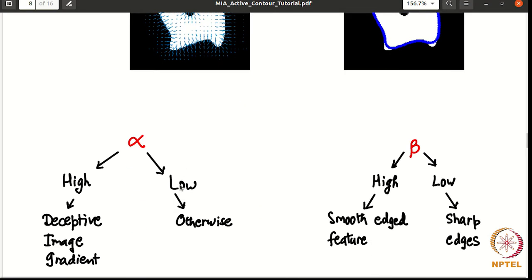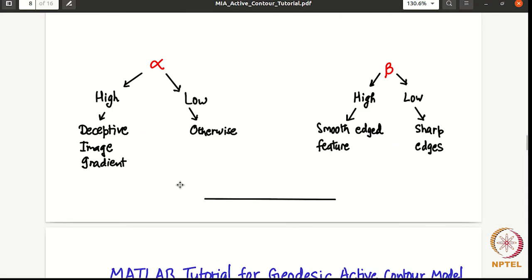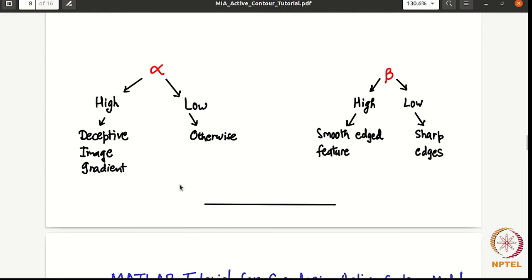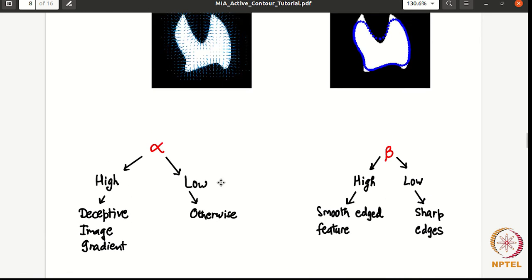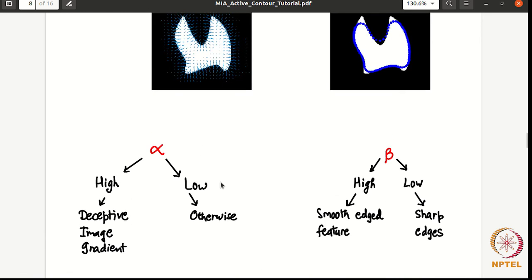There are some guidelines for the choice of alpha and beta. Typically a high value of alpha is used when your image has deceptive image gradients, and a low value of beta is used for sharp edges. So this completes snakes, our first active contour model.